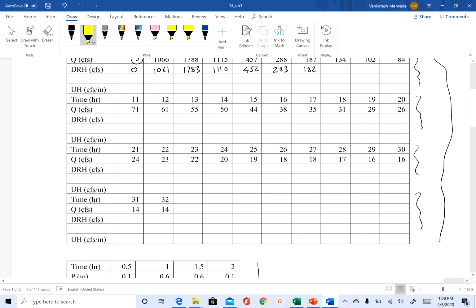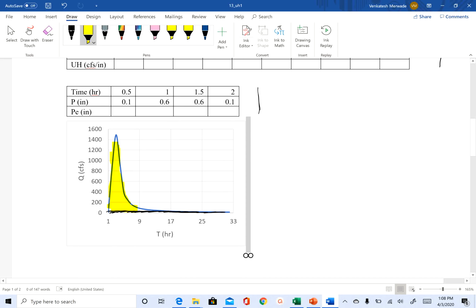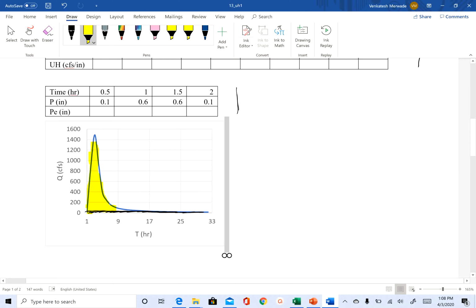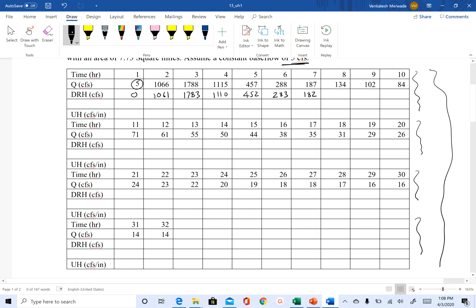So I will just show you for the first 2 or 3 columns, and then you can do the rest. So as you know, we basically divide this into trapezoids, right? And then you calculate the area of each trapezoid. So for the first trapezoid, we will use these two values.